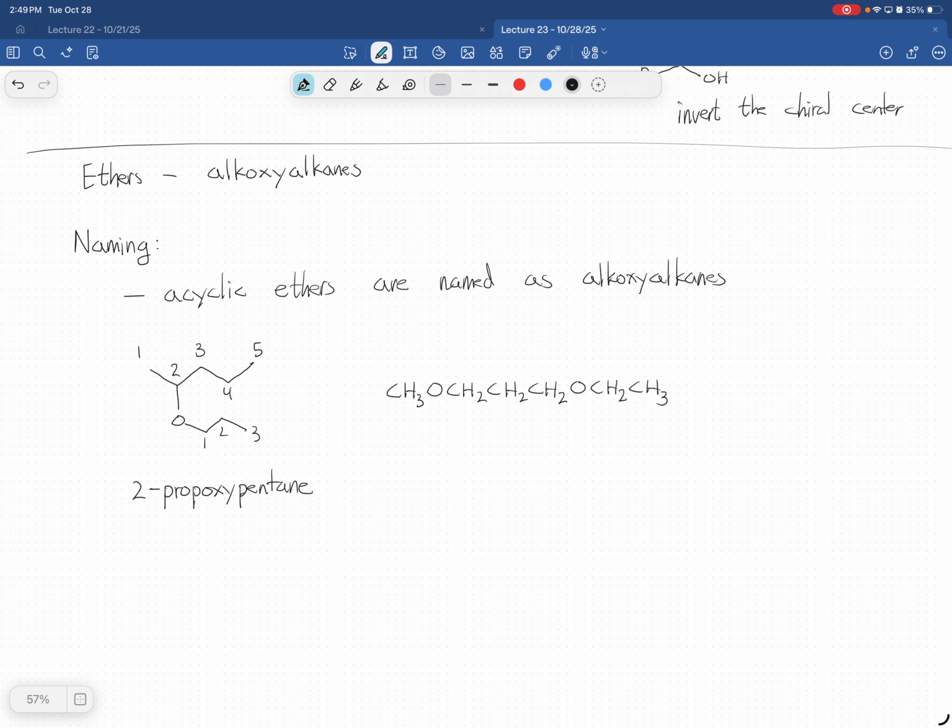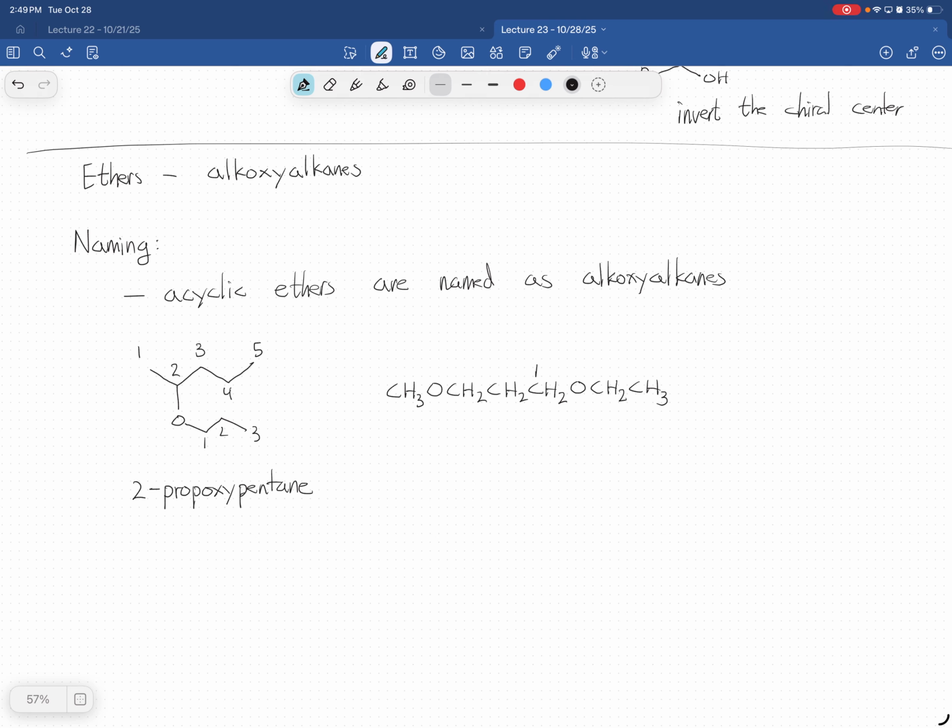Okay. So we should probably number. Since there are 2 ethers here, let's number at the end that has the substituent that comes first alphabetically.